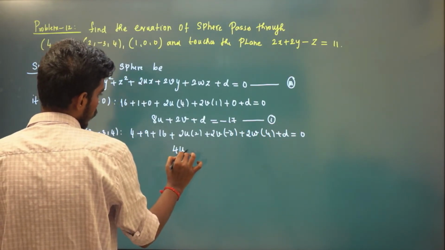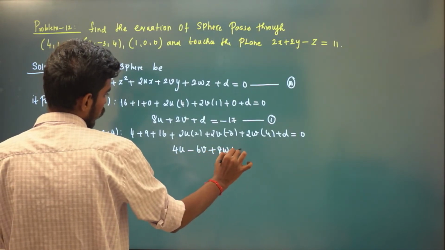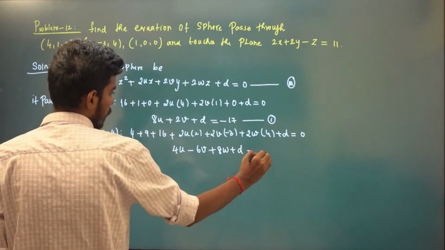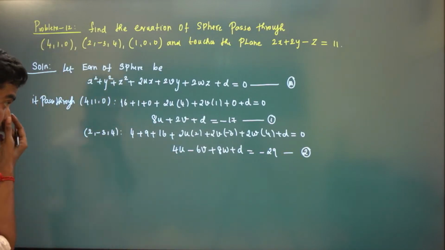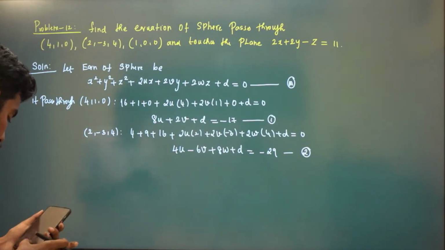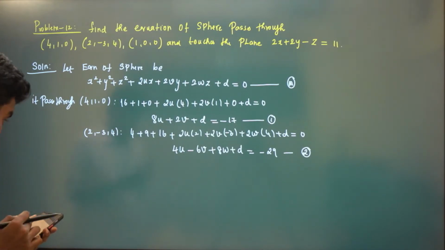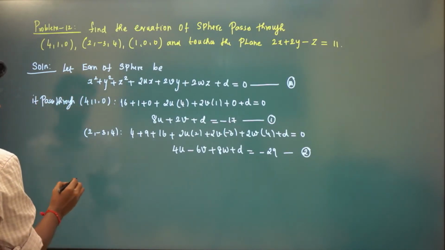So 4u minus 6v plus 8w plus d equal to minus 29, since 4 plus 9 plus 16 is 29. Call this as 2. So we have 8u plus 2v plus d equal to minus 17, and 4u minus 6v plus 8w plus d equal to minus 29.